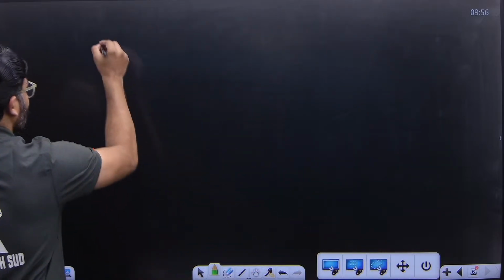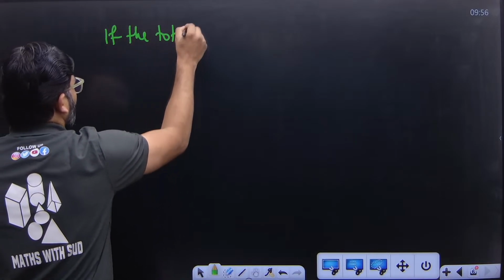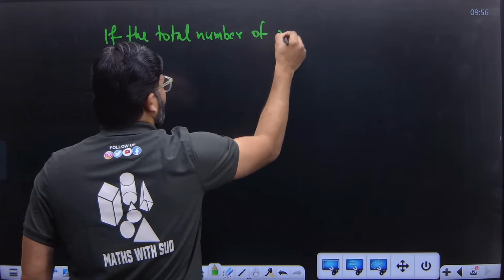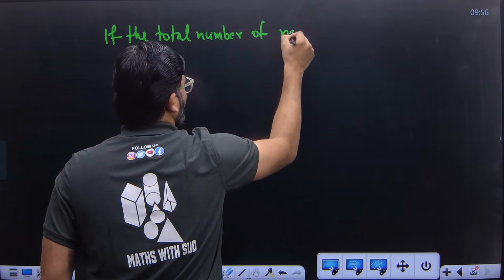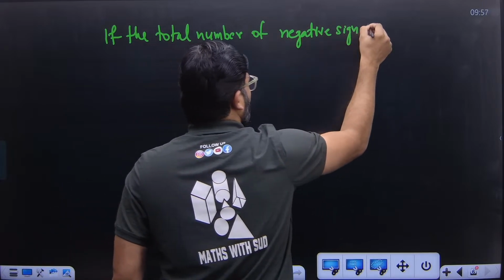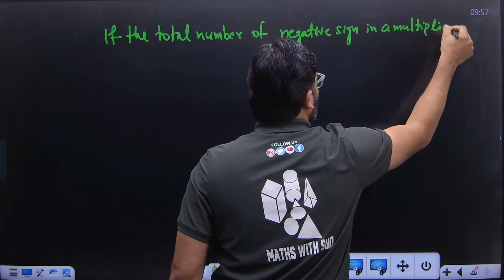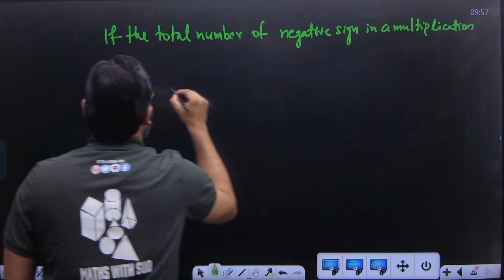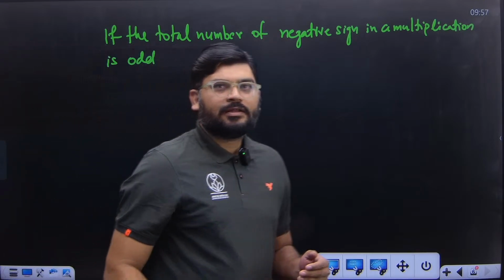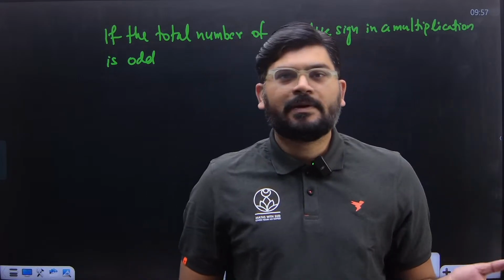Now, say this. The rule is, if the total number of negative signs in a multiplication is odd. You know what is an odd number? Odd means 1, 3, 5, 7 and 9, which are not divisible by 2.